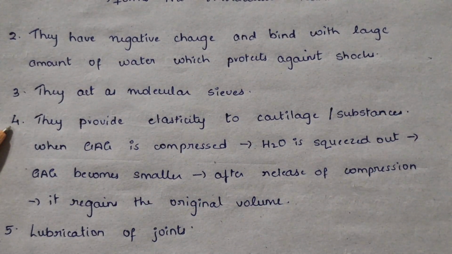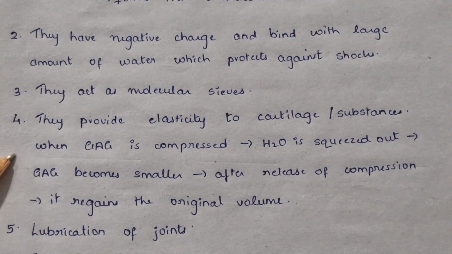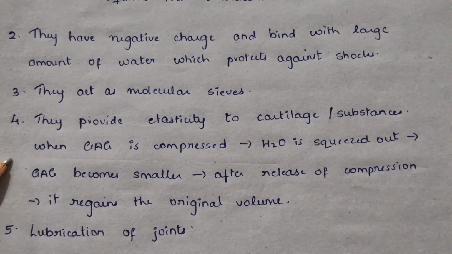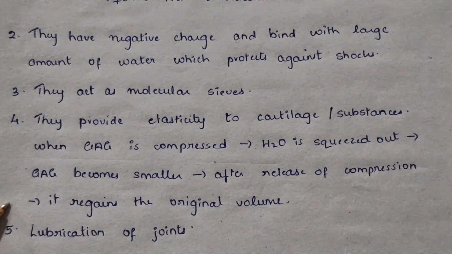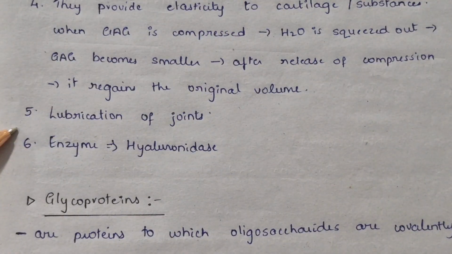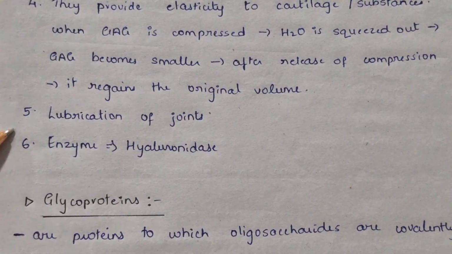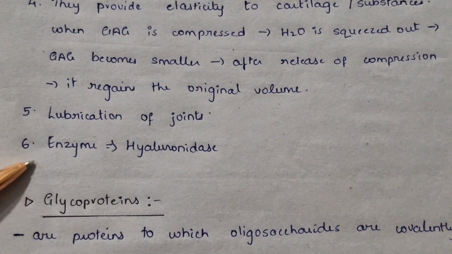That is, when the GAG is compressed, water is squeezed out and the GAG becomes smaller. After release of compression, it regains the original volume. GAGs also help in the lubrication of joints and the enzyme involved is hyaluronidase.